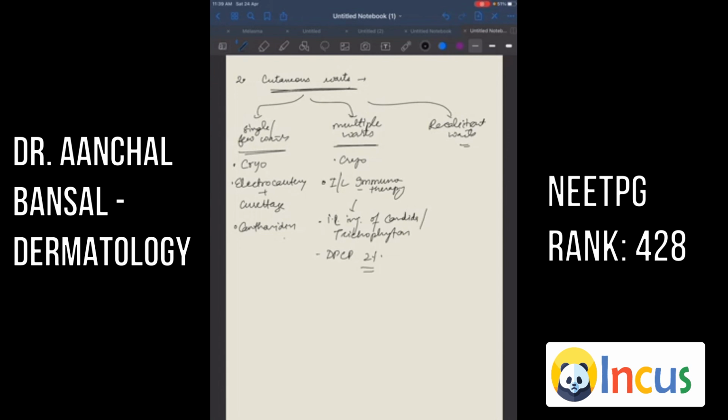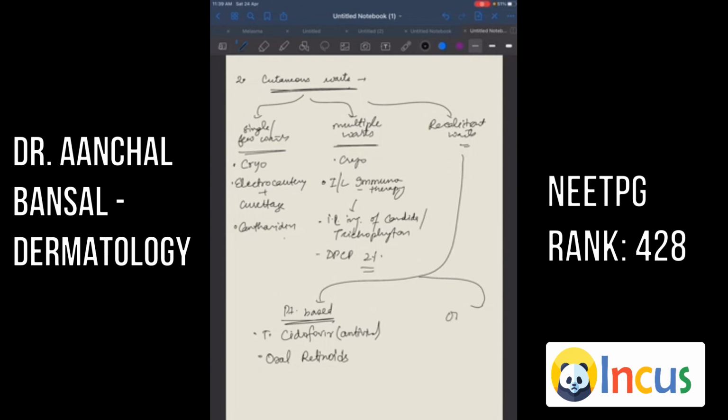For recalcitrant warts, we have 2 types of therapy. Either they can be patient based, like application of topical cidofovir, which is an antiviral drug, or oral retinoids.